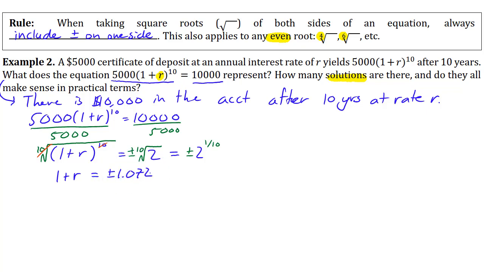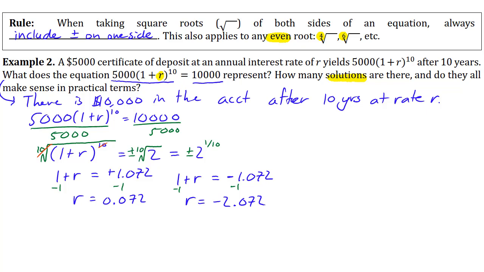So I'm going to write it as equals positive that, and also write another equation where you have the negative version of that. Okay, so when you subtract 1, you're going to get R equals 0.072. And over here, if you subtract 1, you're going to get R equals negative 2.072.